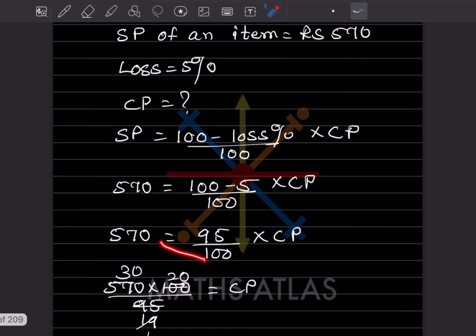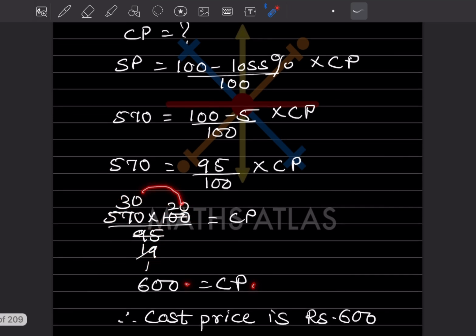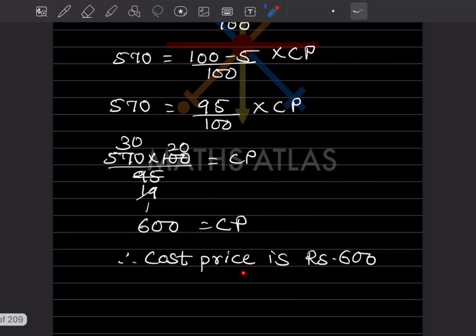So when you multiply, 570 into 100, and 95 will go in the denominator, that will be equal to cost price. 5 twos are 10, 5 nines are 45. Now again, 19 ones are 19, 19 threes are 57, and this one 0. So that is going to be 30. So when you multiply, that is going to be 600, which is the cost price.